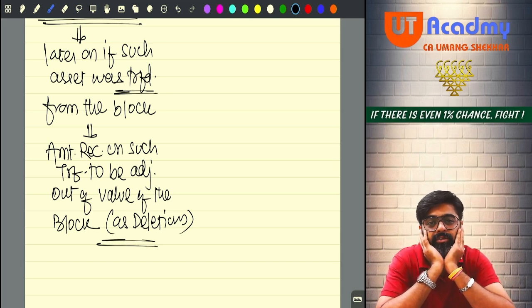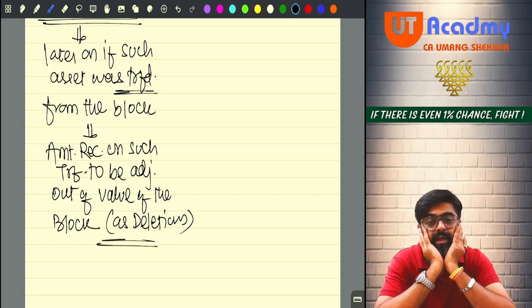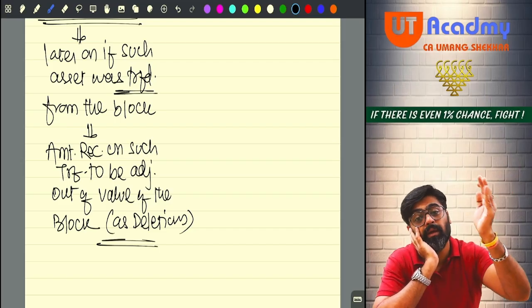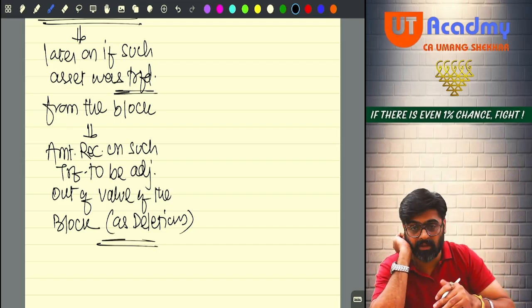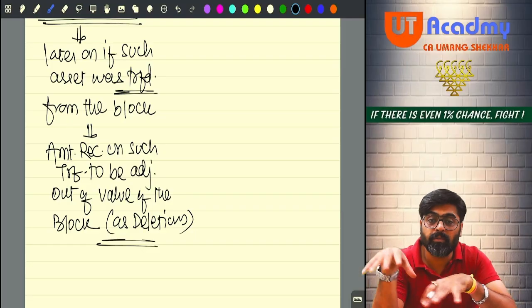In that scientific research, he acquired one building whose cost was 5 lakhs. This building was acquired by him in 2022-23. In that year only, the entire 5 lakh was allowed to him as a deduction under section 35. Now that same building, Rajesh is bringing in the previous year 24-25. He is bringing that building to its normal business use.